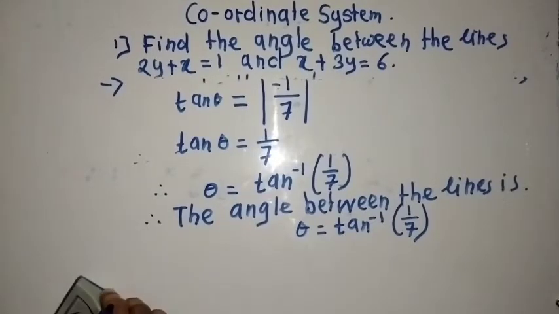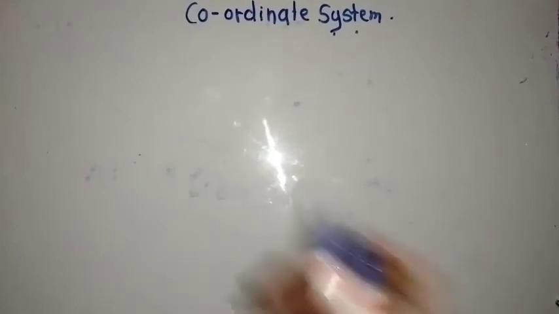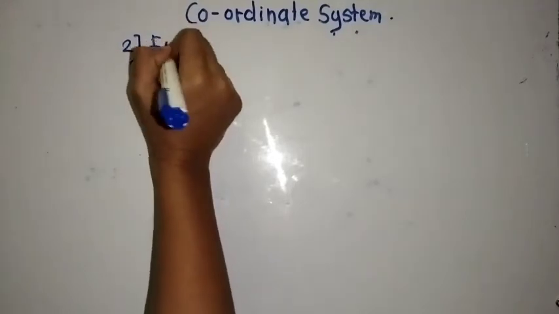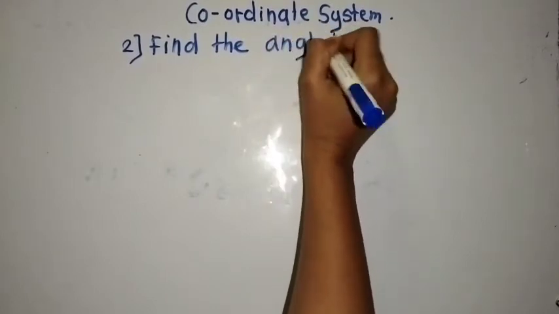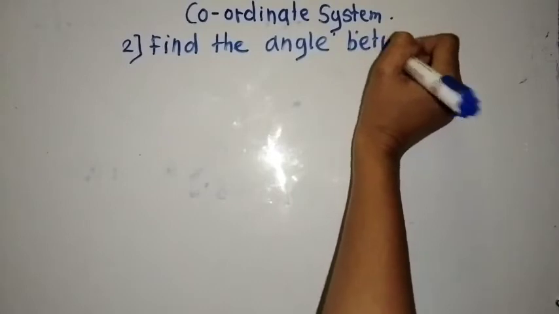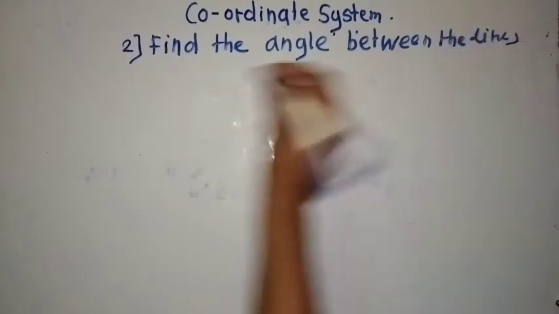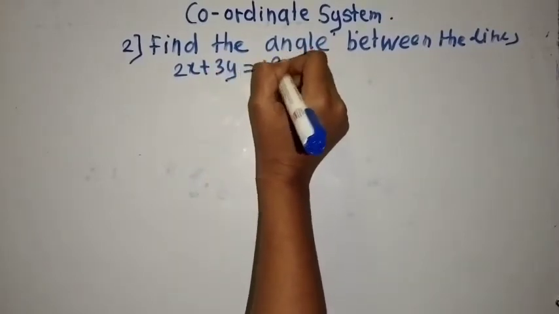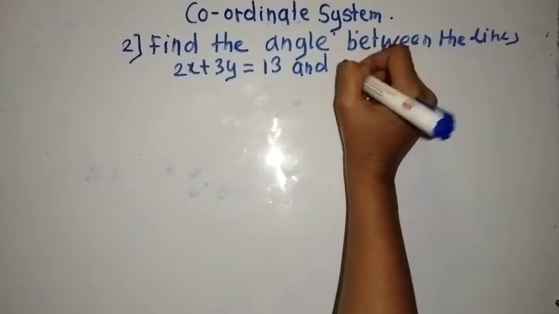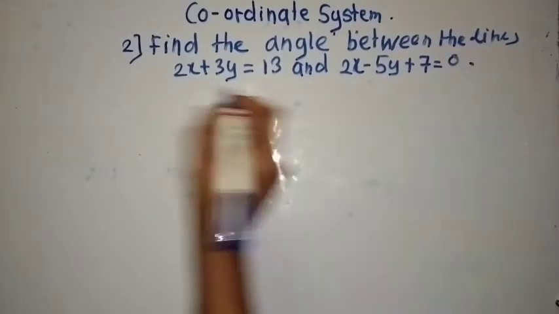Then we give the second example. Find the angle between the lines 2x plus 3y is equal to 13 and 2x minus 5y plus 7 is equal to 0.